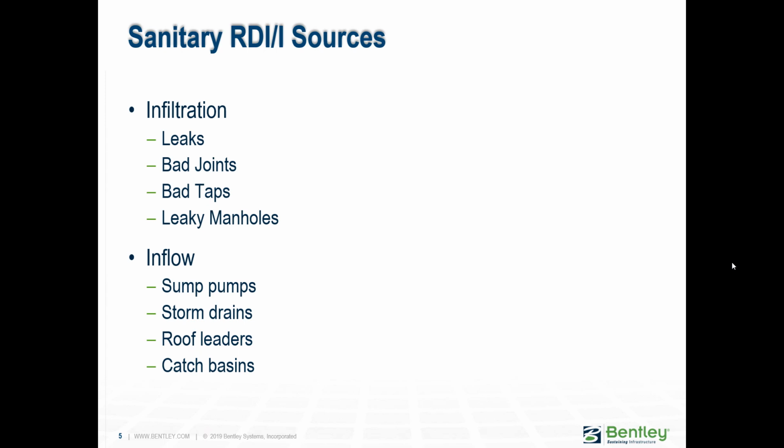It depends on each situation. So our main preoccupation is to understand how our system works. Infiltration can be from leaks, bad joints, bad taps, leaky manholes, and inflows can be from storm drains, roof leaders, catch basins.